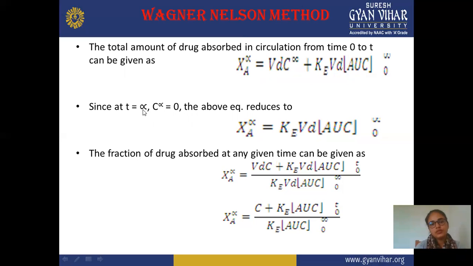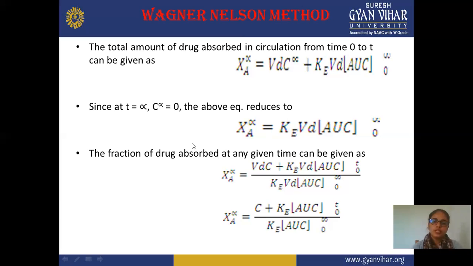Then XA infinity equals KE VD in bracket AUC 0 to infinity.